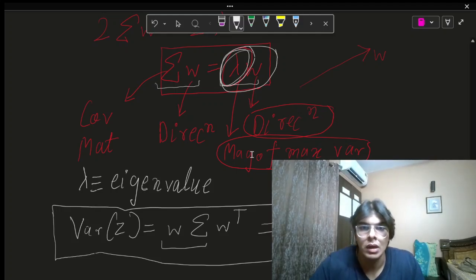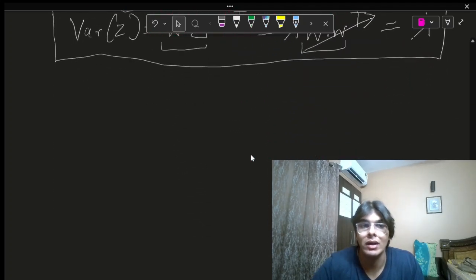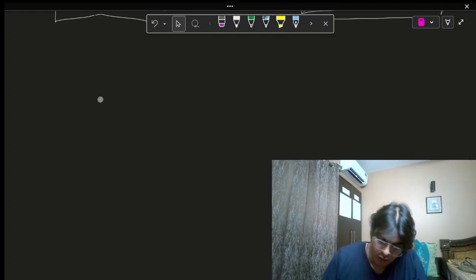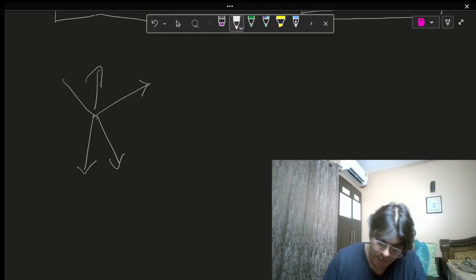So what actually happened? What did we do in all of this? We had a high dimensional data set with all of these axes, all of these dimensions representing different feature values.